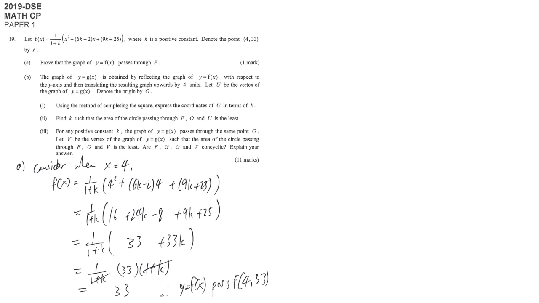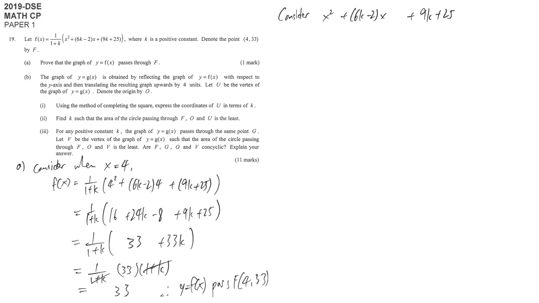So just computational skills. We are going to change f(x) into vertex form, but I think it's too much trouble to copy down this factor. That's why I just focus on what's inside. We consider x squared plus (6k minus 2)x and then plus 9k plus 25.